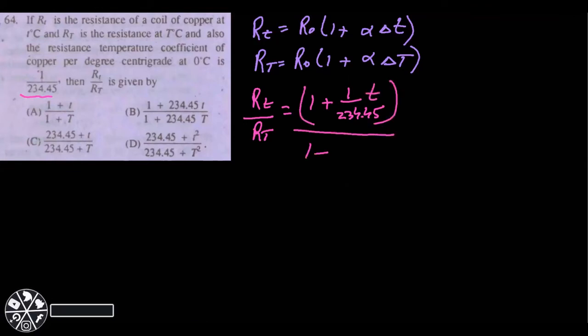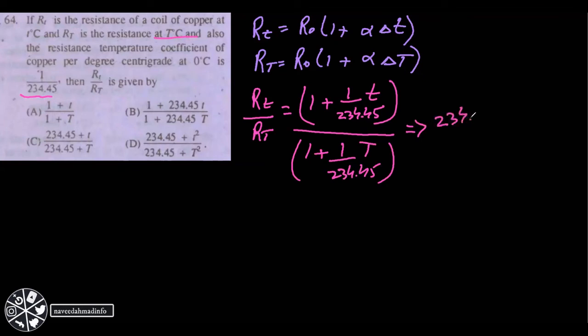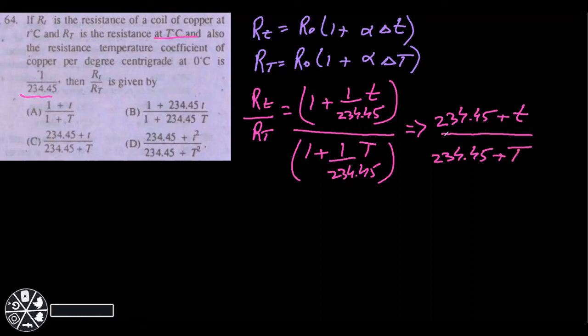And in the denominator, 1 plus 1 divided by 234.45, del T is capital T. If you simplify it further, you will get 234.45 plus small t divided by 234.45 plus capital T. So this is the ratio. Is there any value which is equal to this? Yes, so option C will be the correct answer.